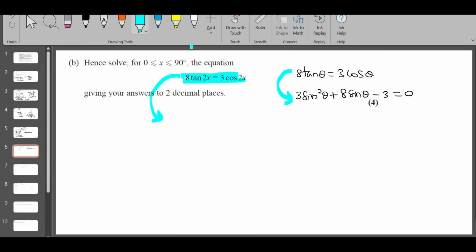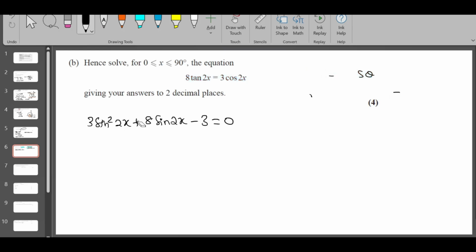Because it's the same equation, right? Only thing, in the place of theta you have 2x. So you're going to get 3 sine square 2x plus 8 sine 2x minus 3 is 0. That will be the equation. Take the equation from part A, replace theta by 2x.